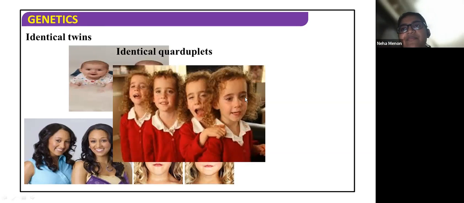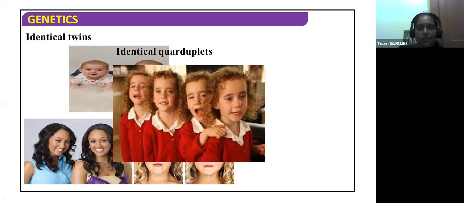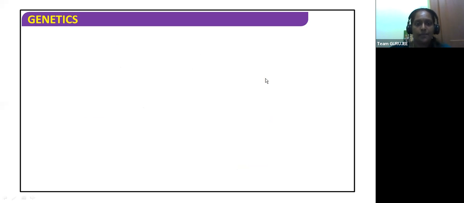Identical, I guess only 4 is the max possible, because beyond 4, the division would move to the next stage. I don't think the space would be enough. We have the word identical quadruplets only as of now. It's not possible, I guess.